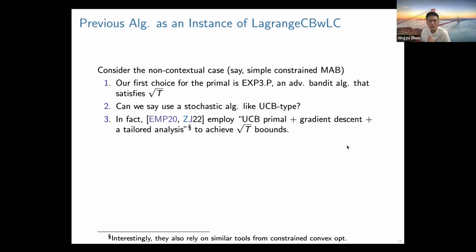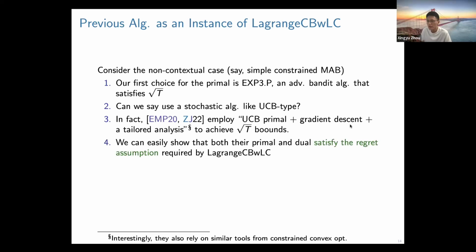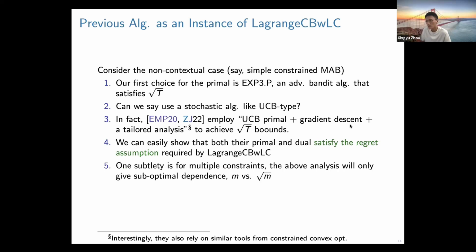So a question to ask here is, can we show that their primal algorithm and dual algorithm satisfy the assumptions we require for our framework? And then we can directly use our meta algorithm to give the performance guarantee, right? So yes, because we can show that both their primal and dual satisfy the assumptions. And then we can directly utilize the meta algorithm to give the performance guarantee, right? There is one subtlety.